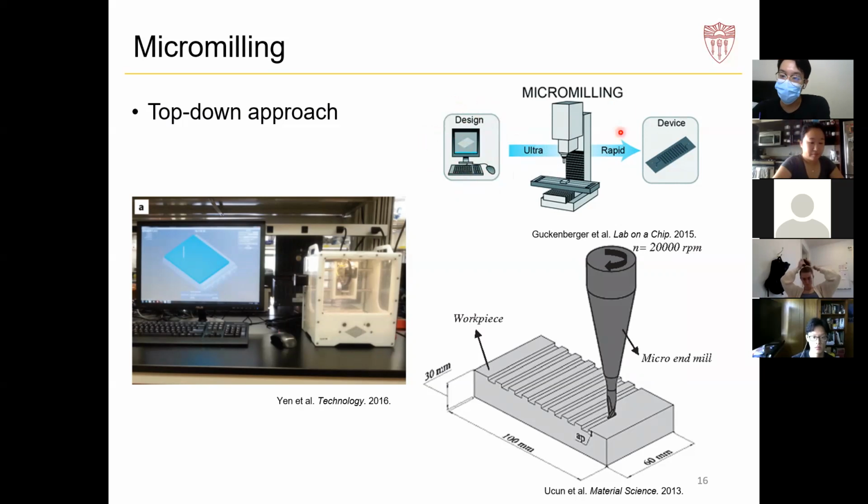We transfer that information into the milling machine, and that moves the drill bit in a certain way. And then you end up with this device. Because micromilling and 3D printing are really fast in making the end product, we call them cost effective, rapid prototyping methods of making devices.